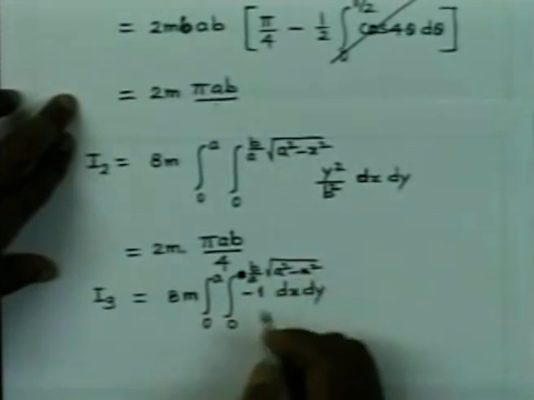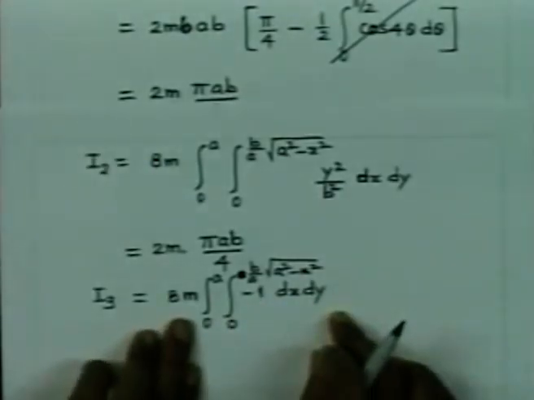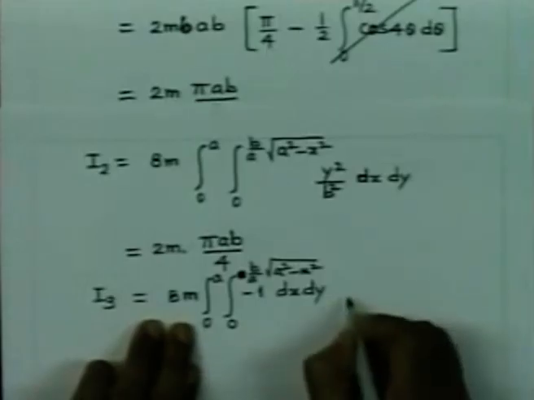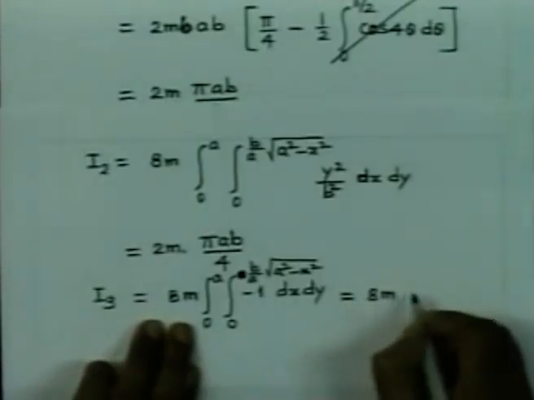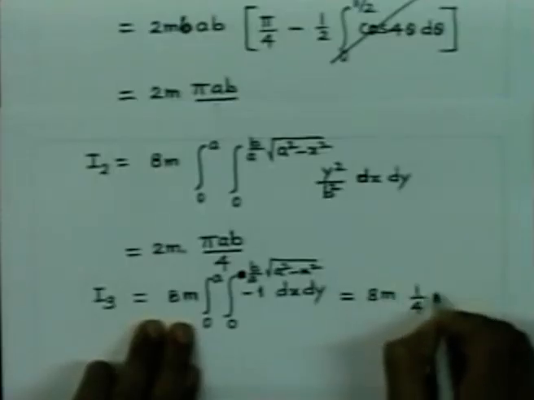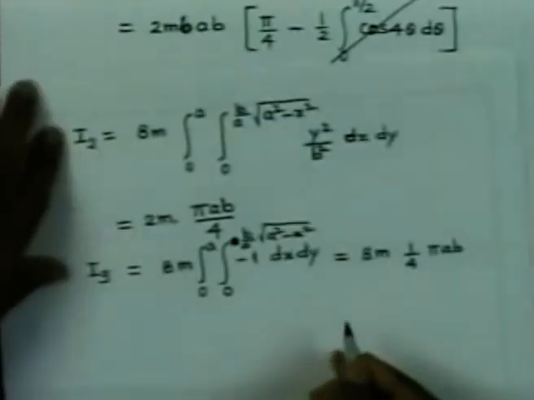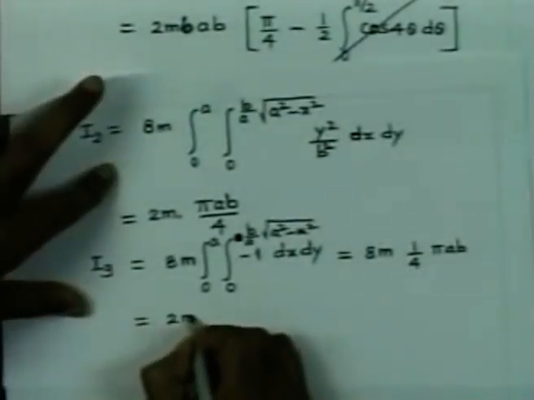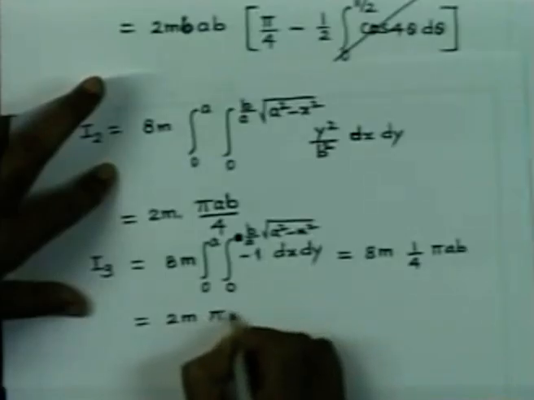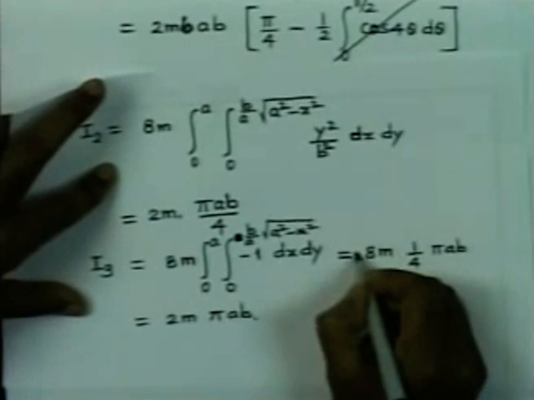In fact, this integration is nothing but the quarter area of the ellipse. So, we can write now this is 8m, and the quarter area of the ellipse is nothing but pi a b. So, this gives us 2m pi a b, and this is of course negative.